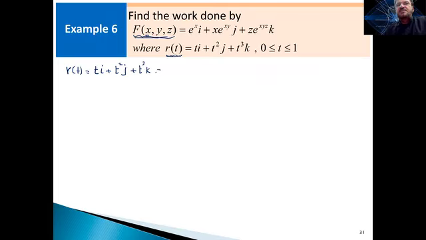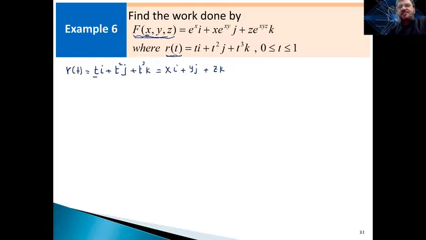Remember, in three-dimensional space, this is x i plus y j plus z k, isn't it? This is how it's usually defined, the parametric function. And by the way, this means x of t i plus y of t j plus z of t k. If you have been following us from the beginning of the chapter, then you know what I'm talking about.